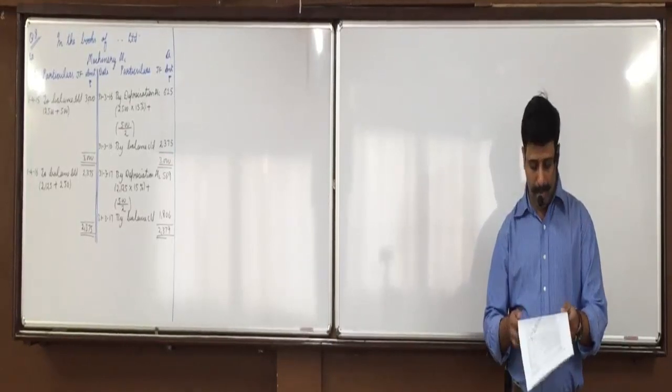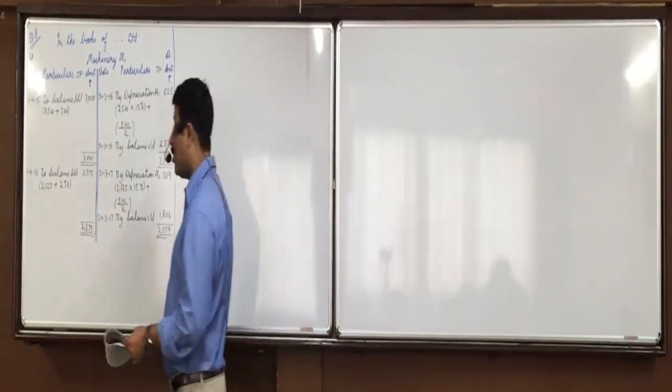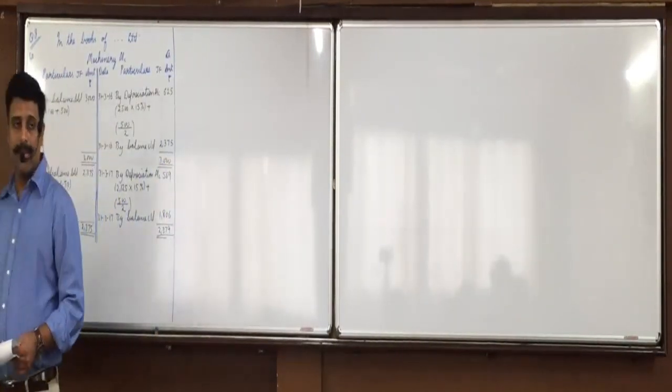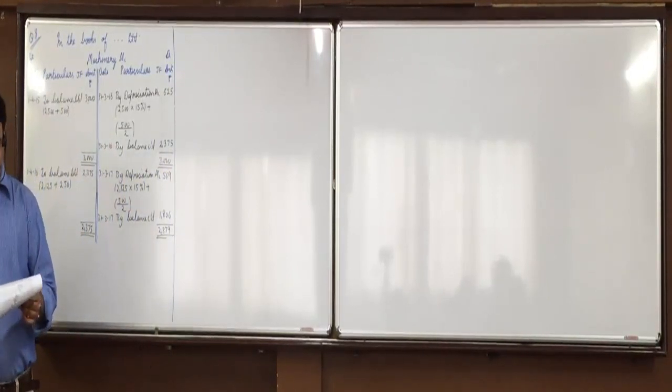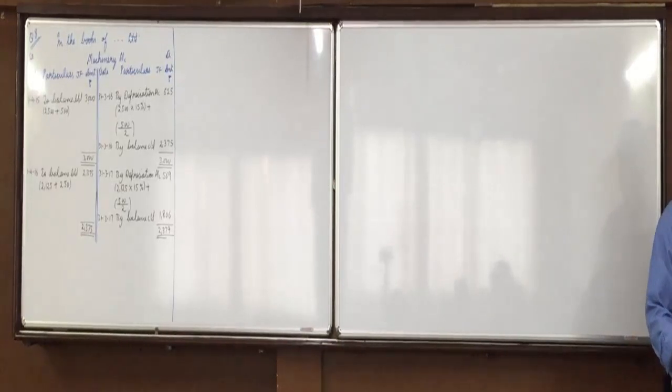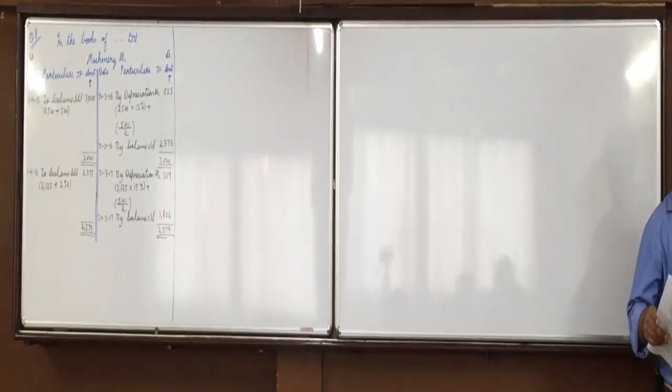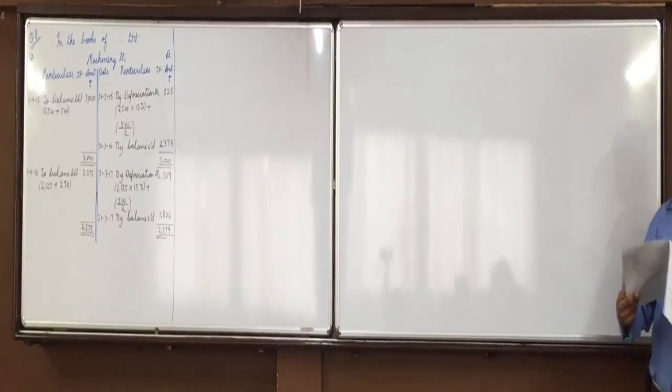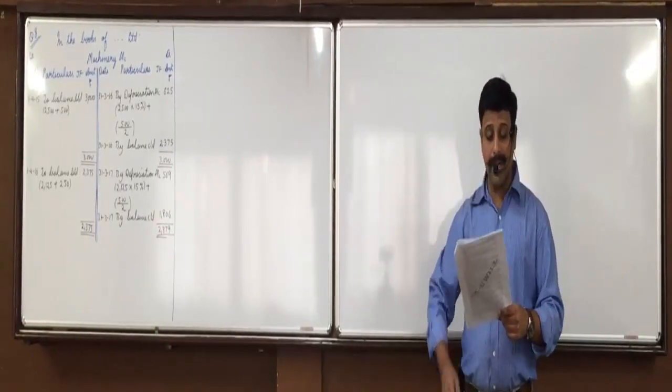Accordingly, on the imported asset depreciation is provided by SLM, the straight line method, and on the remaining PPE it's provided by WDV. Understood this? Now look at page number 6.